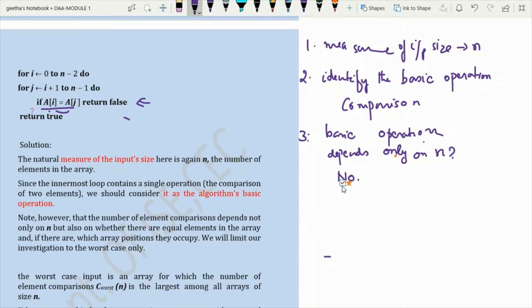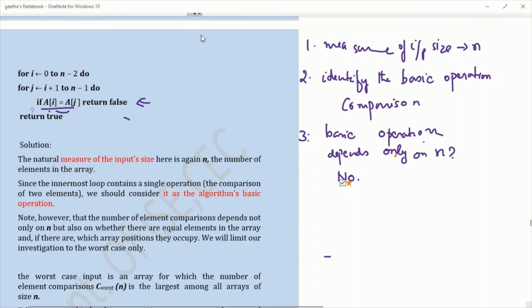Since it does not depend only on n, we need to find the several cases: average case, best case and worst case. But here I am going to find the time efficiency only for the worst case of n.